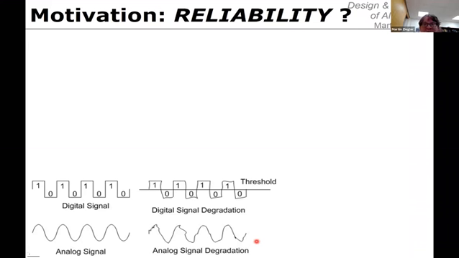However, when we have a digital signal, then even under significant noise, it will still be possible to recover the original digital signal by comparing the value to a fixed threshold. You see this here. The signal has been distorted, but the sequence of bits, ones and zeros, is still clearly visible.